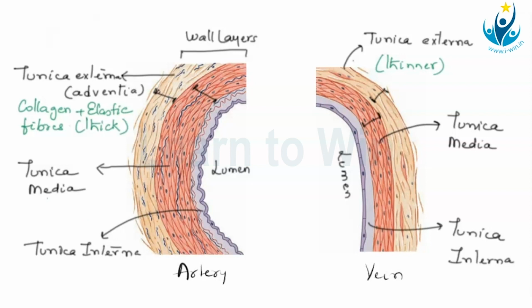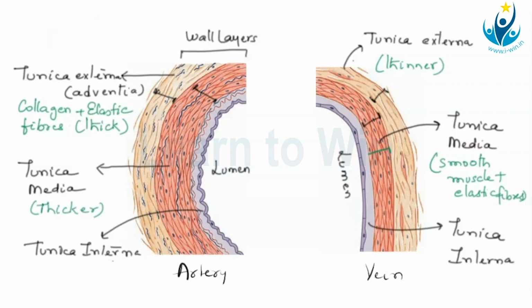The second one is tunica media, which is basically made up of smooth muscle and elastic fibers. You can see this tunica media is thinner in the veins, whereas it is thicker in the arteries.